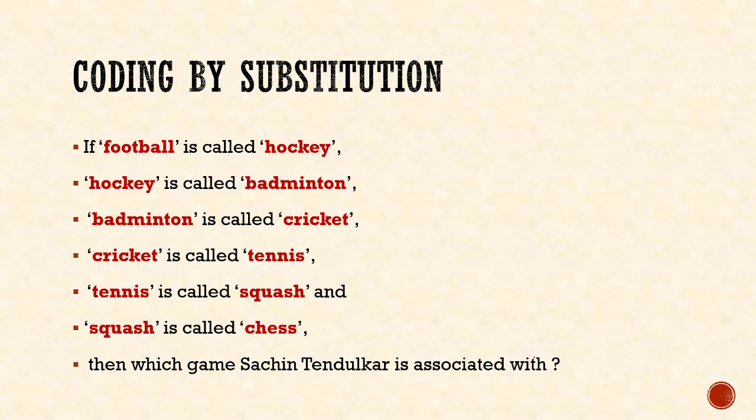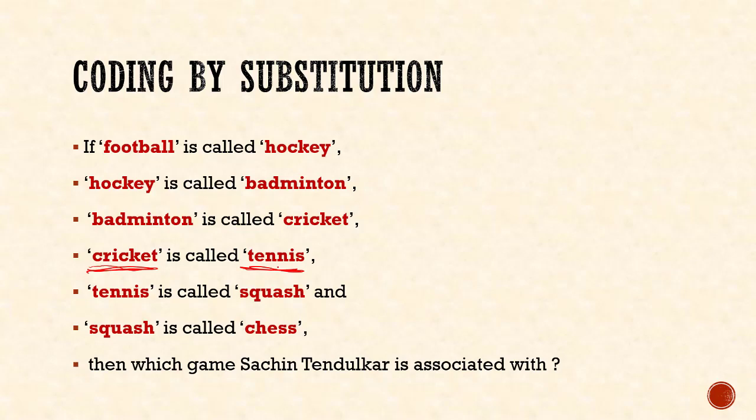Now we know the actual answer to this question should be cricket. He is a well-known cricketer. But in this language, am I calling cricket as cricket? No. In this particular code language, cricket has been called tennis. So we are denoting the game cricket by a different name, which is tennis.